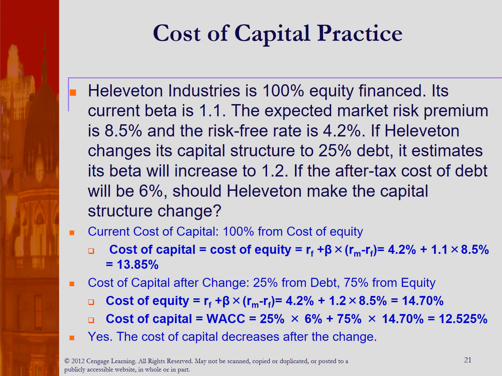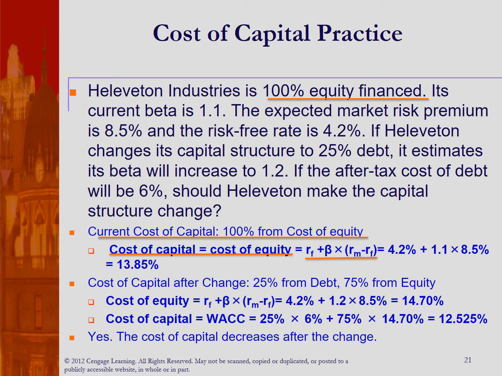Practice problem. To respond to this problem, we have to compare the cost of capital before and after the capital structure change. So, we first calculate the cost of capital before the capital structure change. The firm currently is 100% equity financed. Therefore, its current cost of capital is equal to its cost of equity. We can obtain the cost of equity through the security market line.